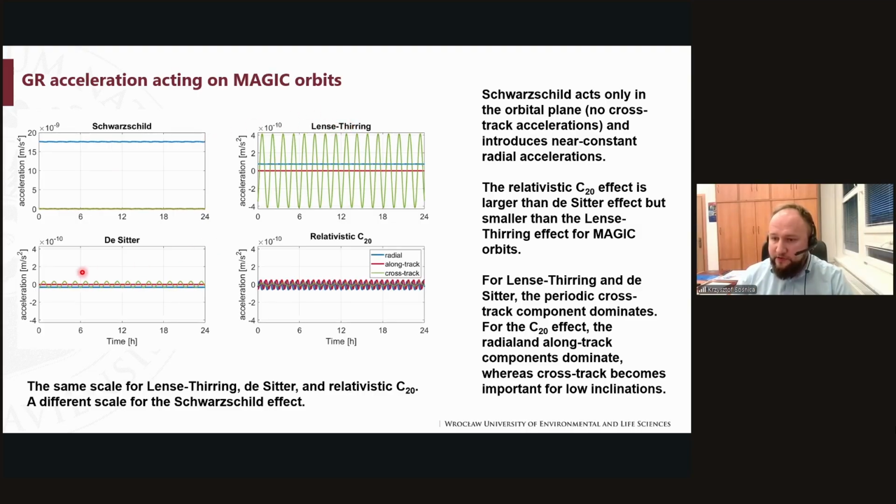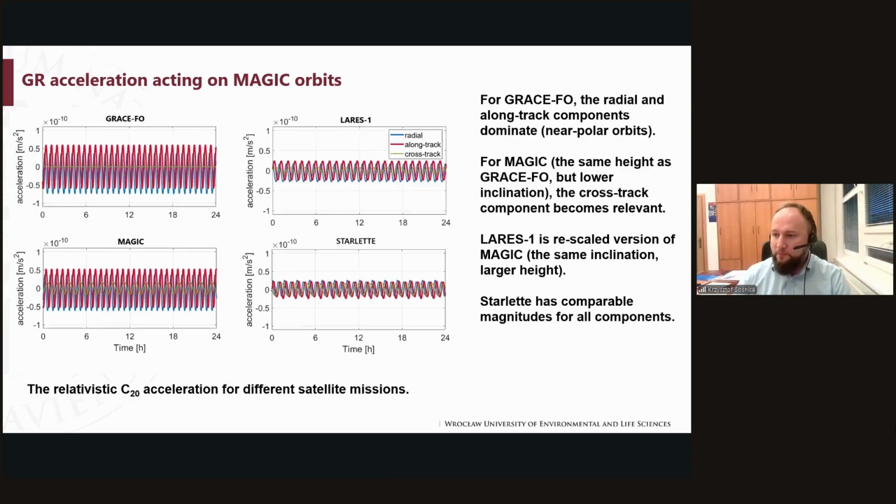Here we have Lense-Thirring and de Sitter, which is also called the geodetic precession, and relativistic C20, and the scales for these three components are the same, all 10 to the minus 10 meters per second squared. So we see that the relativistic C20 acceleration is more or less of the same order as the de Sitter. The de Sitter is included in the conventions. Relativistic C20 is not included, even if we have larger accelerations in the radial and along-track components.